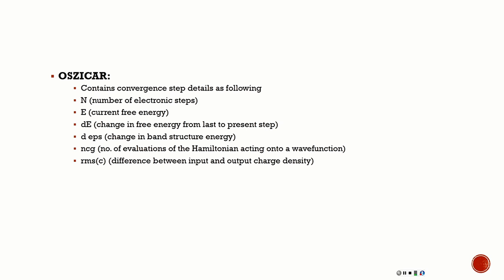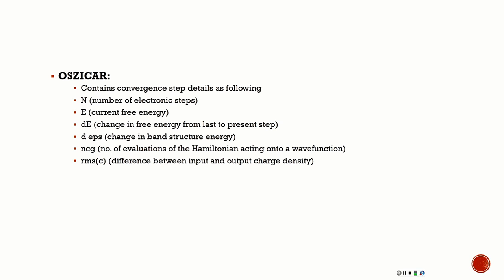After every iteration, it will show you the number of electronic steps that have been completed so far, the current free energy and the change of free energy from the previous step, the change in band structure energy, the number of evaluations of the Hamiltonian acting onto the wave function, and also the RMS, that means the difference between the input and output charge density.